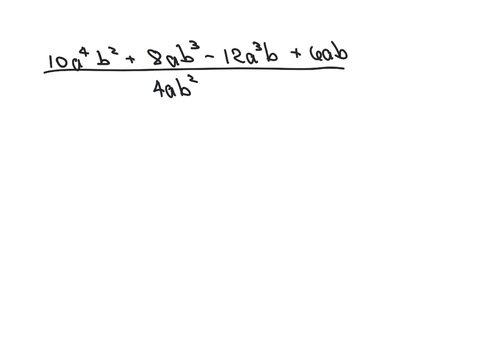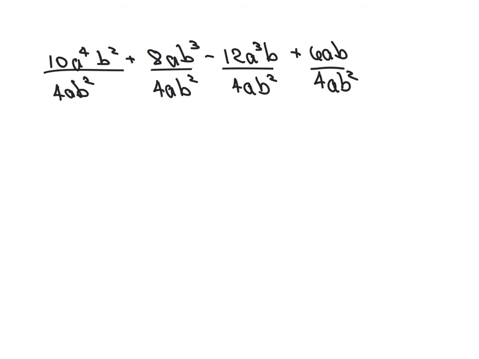Let's try example 3, and then we'll move to dividing by a polynomial. All right, there we are, example 3, and let's just play this little game here. Because I can, I'm going to go ahead and erase this.